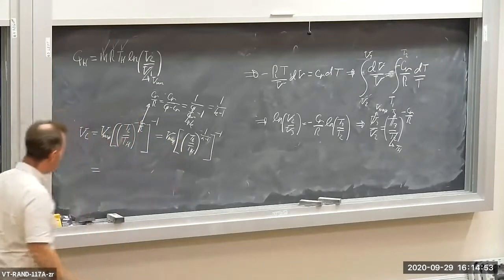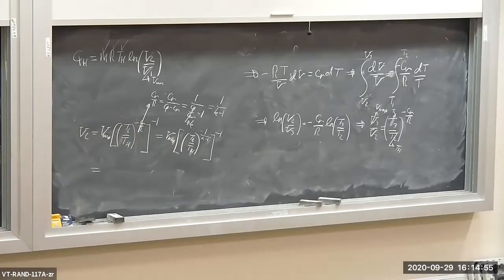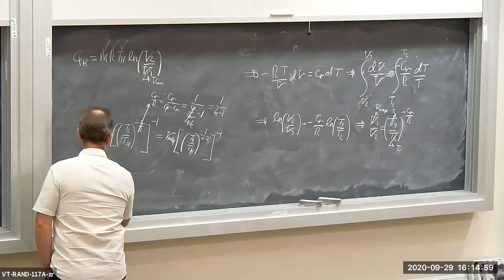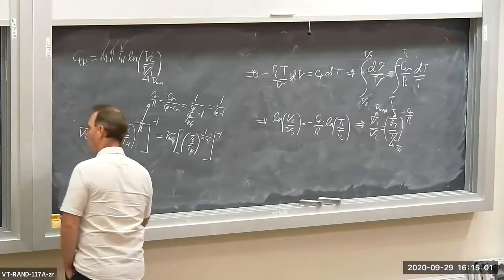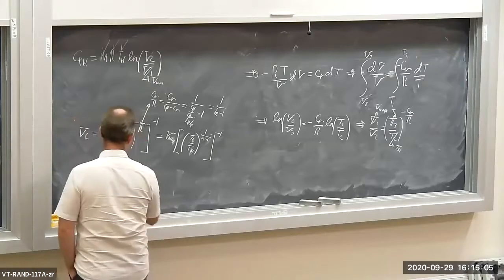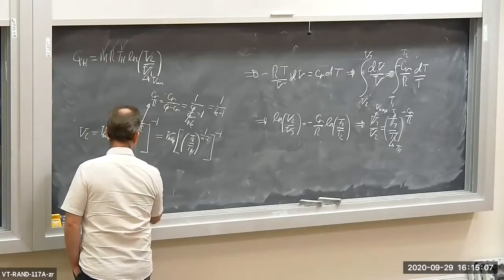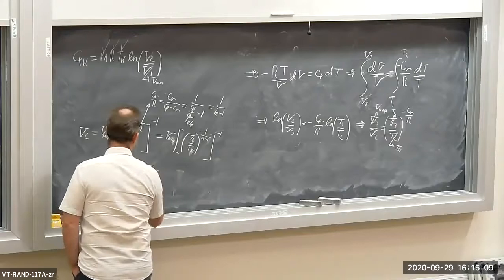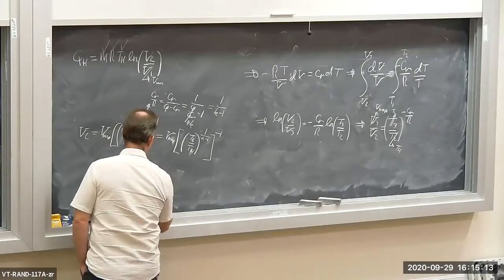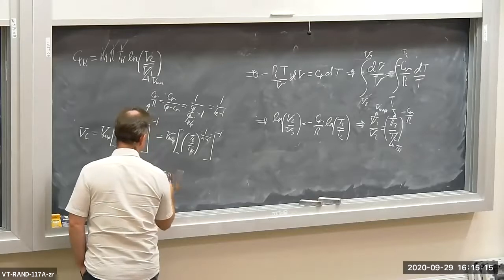Just want to make sure we're consistent here in doing our substitutions. All right, let's plug in V max, 0.0254 cubic meters. And then I have T low over T high, that's 250 over 300. These both have units of Kelvin, so they cancel out.